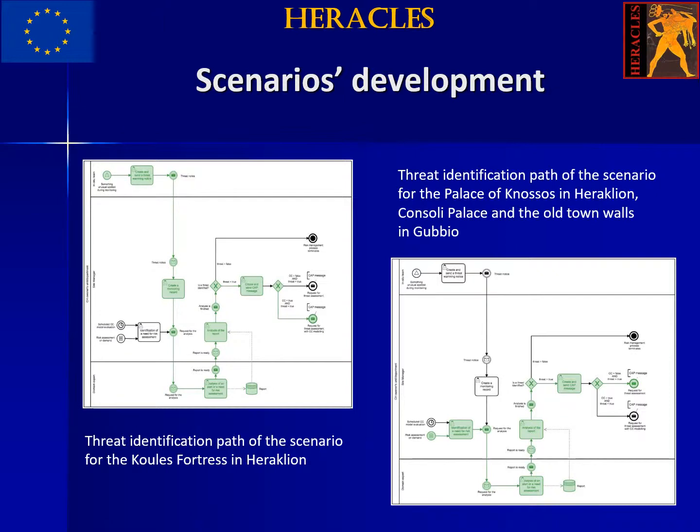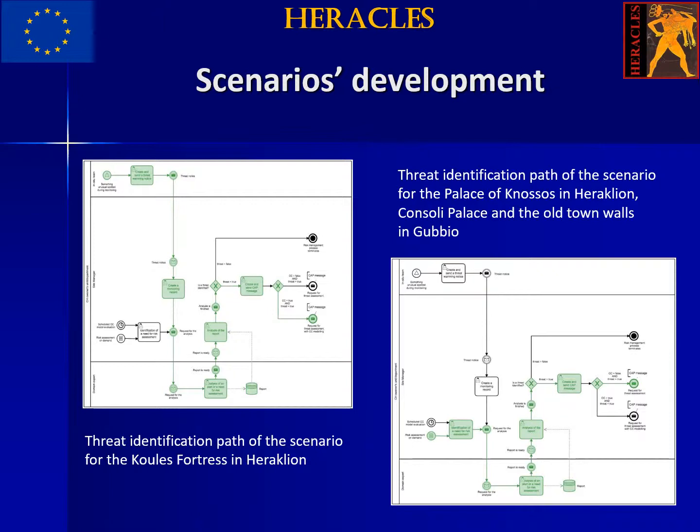So, the scenarios development process started with identification of two distinct paths in the workflows and their association with project test beds. The threat identification path of the scenario for the Coolest Fortress starts from the monitoring, goes through the identification process, identifies significant threats, and then goes through the path with activation of a new climate change modeling analysis.